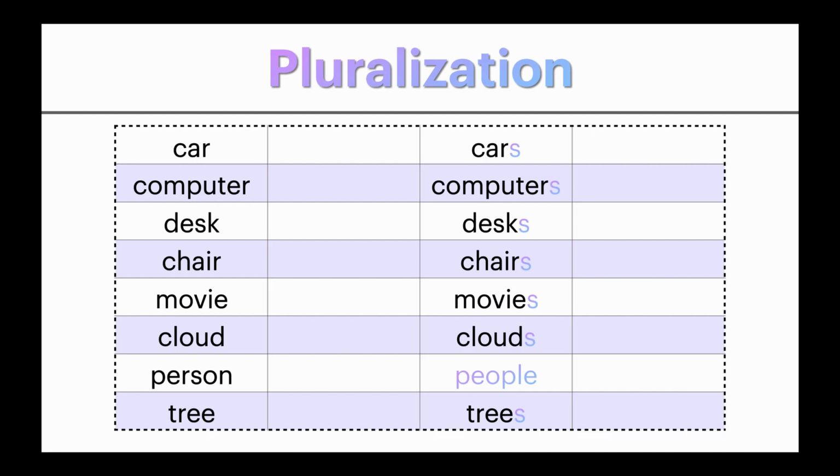Each of these words is from the previous lessons, but if you don't know the words, that's okay. I will give you the singular form of them. Starting with car. 차. Cars. 차들. 차들. Computer. 컴퓨터.